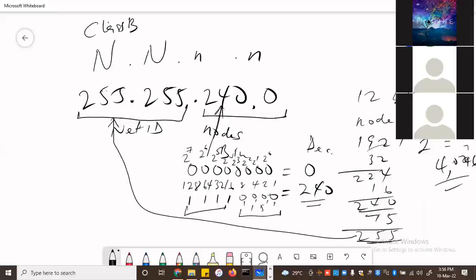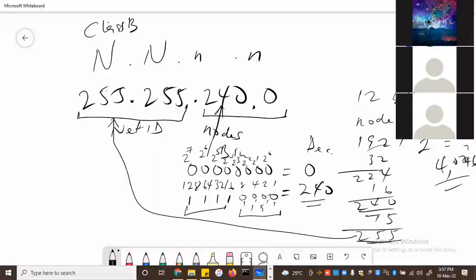But out of this 4096, it's only 4094 that can be allocated, because there are 2 IP addresses that are non-assignable. Those are your network IDs and your broadcast IDs, or your broadcast addresses and your network addresses. Those ones cannot be used.